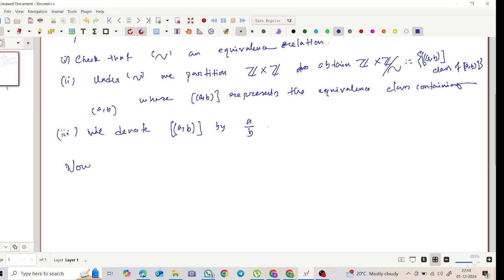Now let R be any ring with unity. You can take commutative as well.